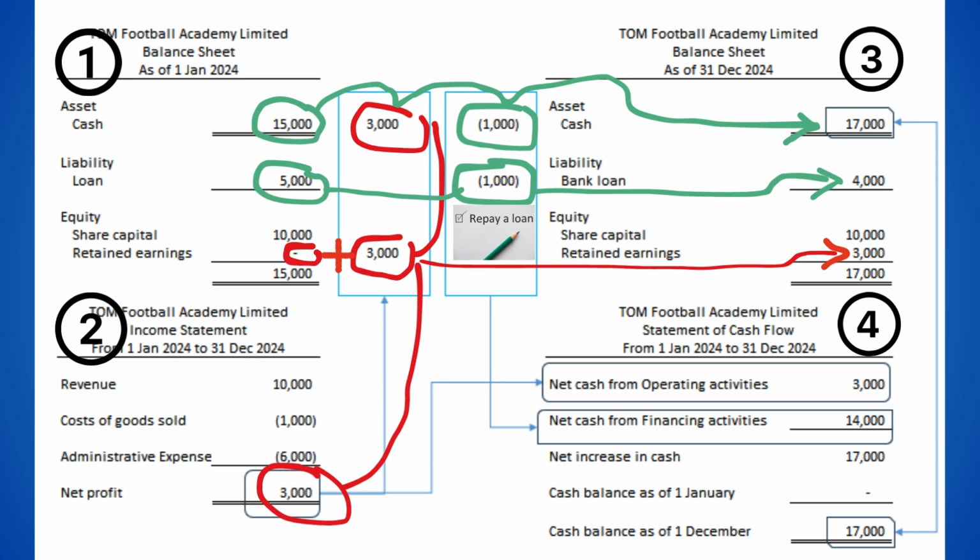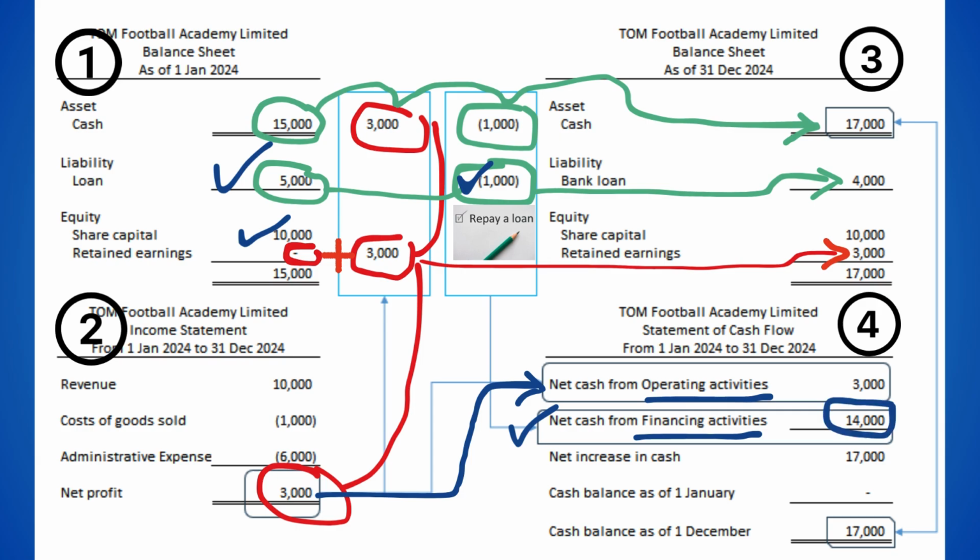Lastly, let's look at the statement of cash flows. The $3,000 profit earned from the business is classified as operating activities. The initial capital of $10,000 contributed by myself and the $5,000 loan borrowed from my best friend fall under financing activities of the company. With a partial repayment of $1,000, the net cash from financing activities is $14,000 over 2024.